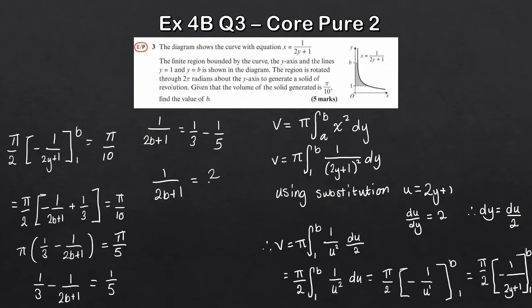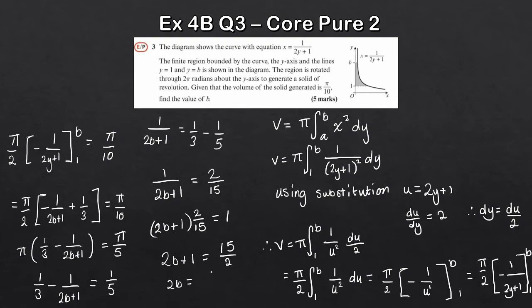That's equal to 2 over 15. And then times through by the 2b plus 1, but again this should be pretty standard algebraic manipulation. Times that by 2 over 15, that's equal to 1. If you times through by 15 over 2 now, I get 2b plus 1 is equal to 15 over 2, and then just subtract 1 and divide by 2.